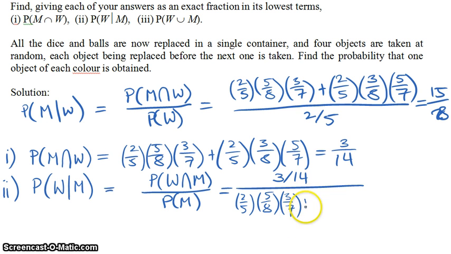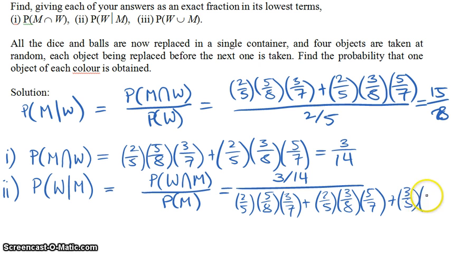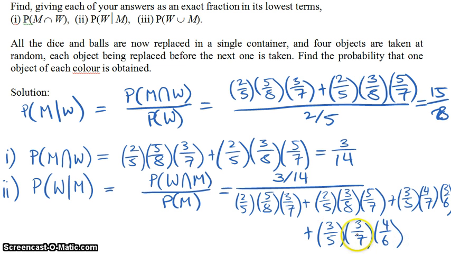That goes white, red, green, plus 2 over 5, 3 over 8, 5 over 7, that's white, green, red, plus 3 over 5, 4 over 7, 3 over 6, sorry, this is black, red, green, plus 3 over 5, 3 over 7, 4 over 6, and this is black, green, red.